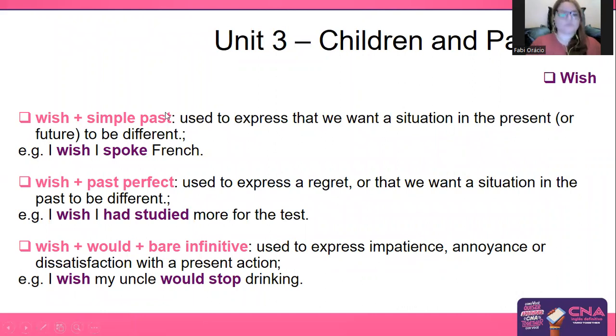Wish. Wish plus simple past. Used to express that we want a situation in the present or future to be different. For example, I wish I spoke French, which means in the present, right now, I don't speak French. I can't.